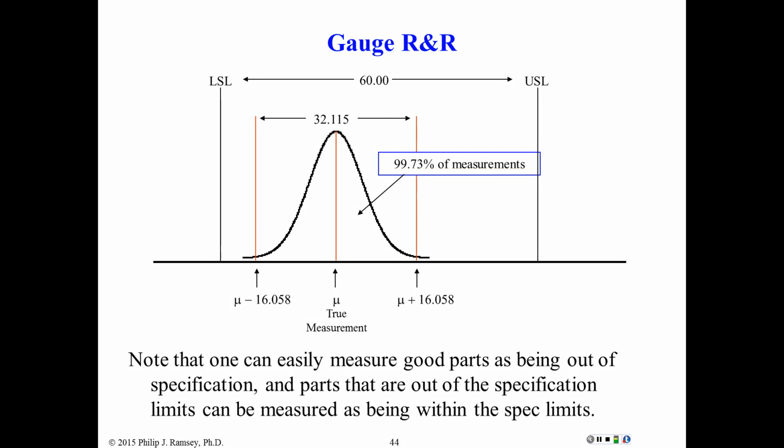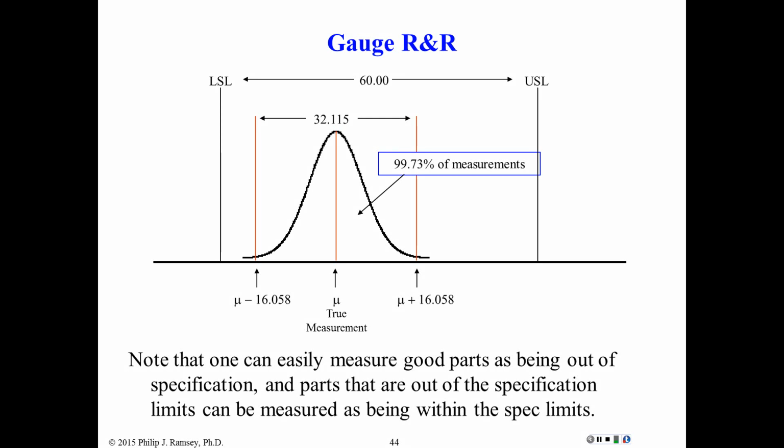So in this case, we would not consider this gauge capable because of the large amount of variation compared to the specification range. Typically, and this is not a hard and fast rule, it should not be viewed that way, we prefer that at a maximum of, say, 30% of the spec range should be taken up by measurement error, although that in no way should be viewed as an absolute.